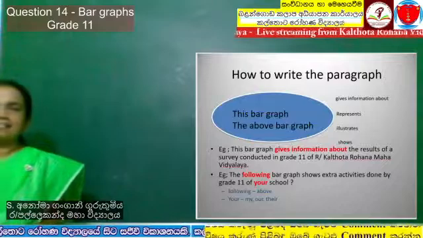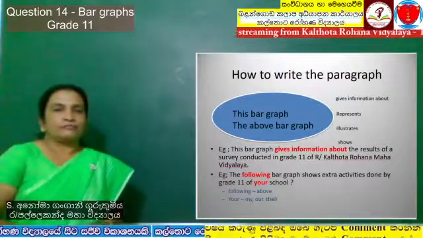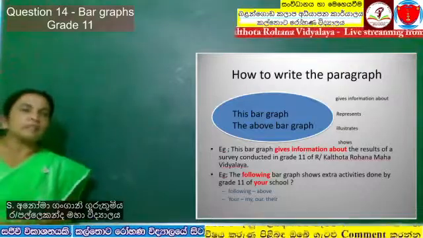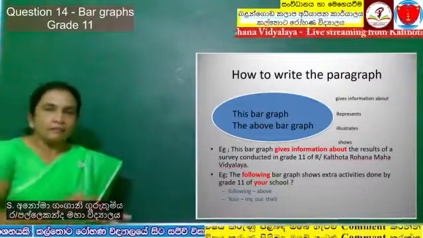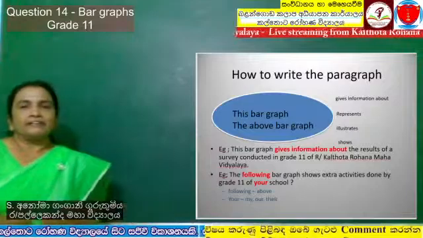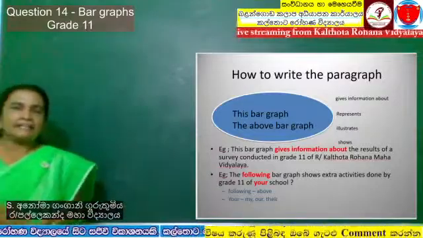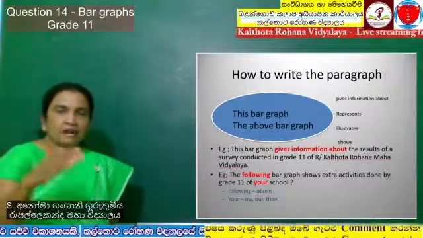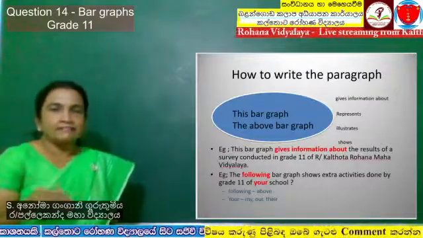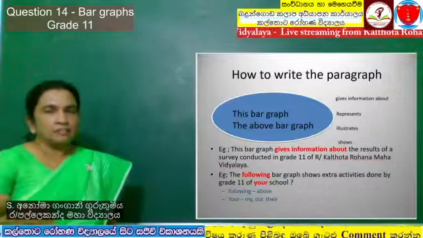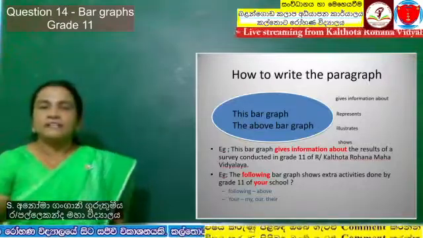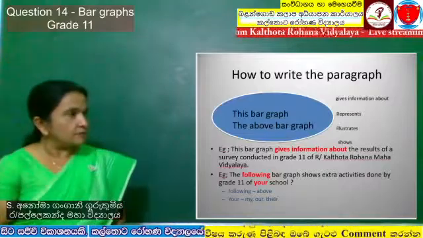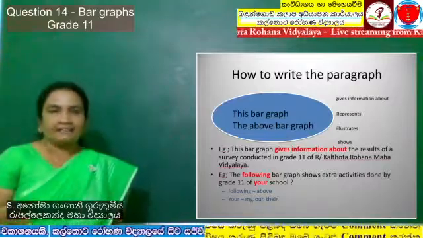Now we see how to write the paragraph, how to describe the bar graph. We see the first sentence, how we take it. We can take it like this: This bar graph gives information about the qualities of the students, activities of the students, leisure time activities of the students, their hobbies, like that.